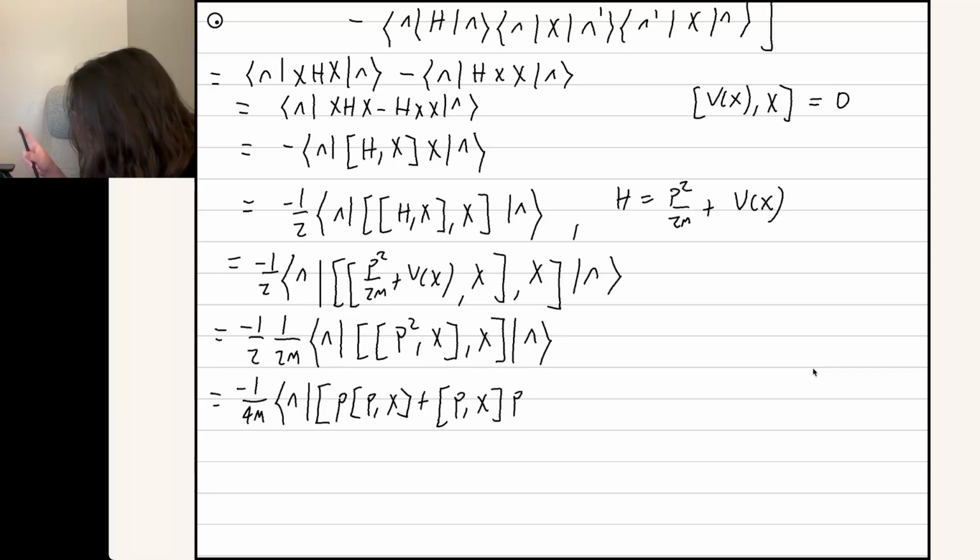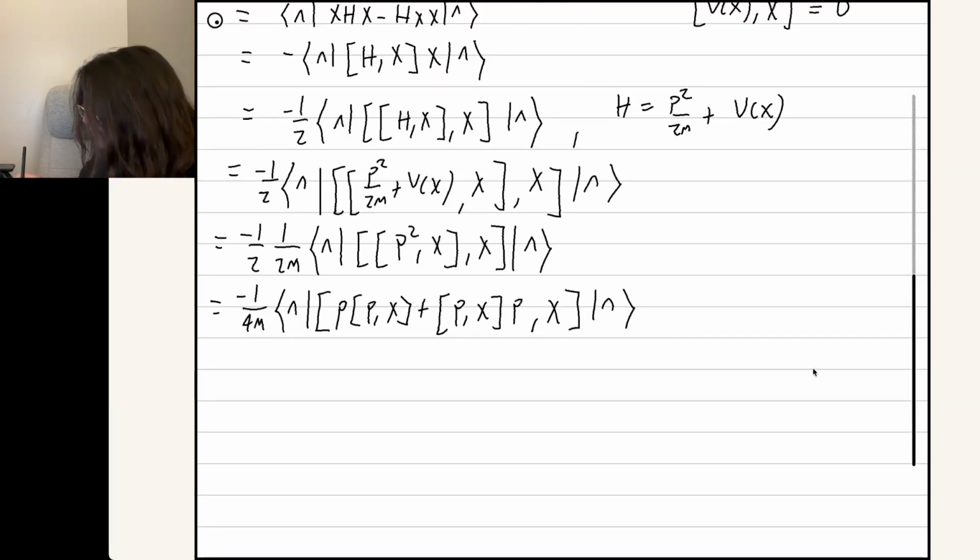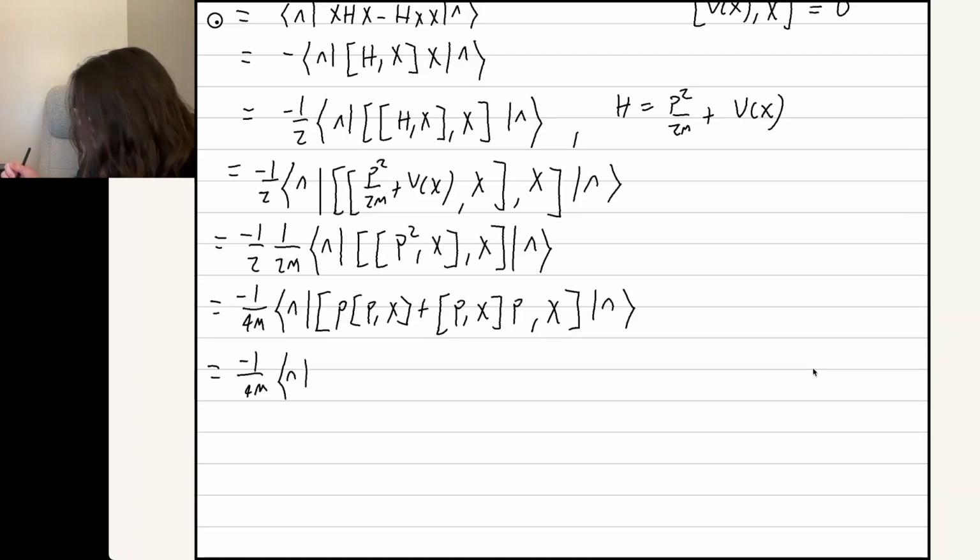That's just a commutator rule. Both of those commutators come out to be just minus i h bar though. So we have minus i h bar p plus another minus i h bar p, which we are taking the commutator of with x.